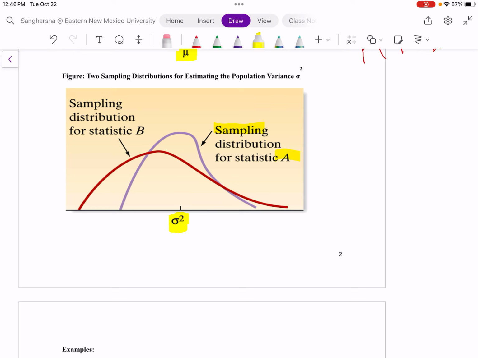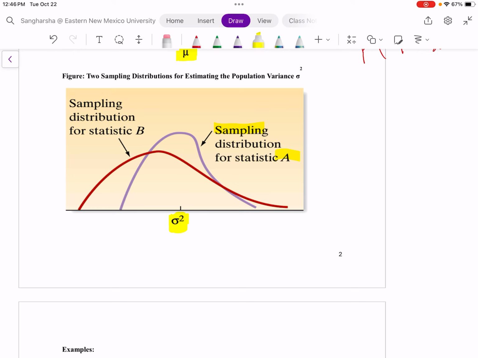So our target, as I said earlier, is to estimate a parameter. We are trying to estimate the mean of a population from a sample. To find the best sampling distribution, you pick a sampling distribution which has less variance, which is less spread, and has the parameter centered.